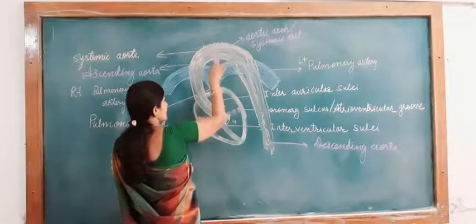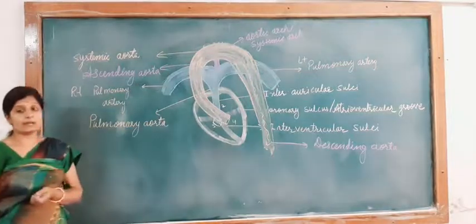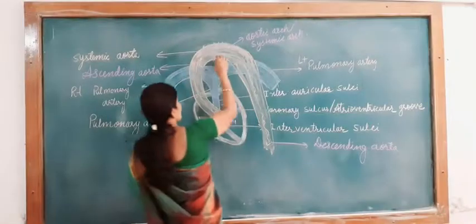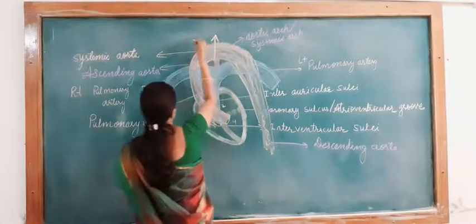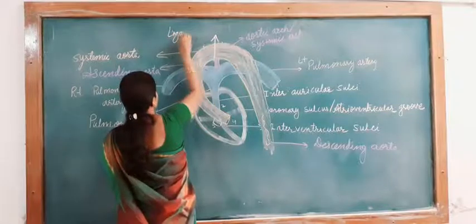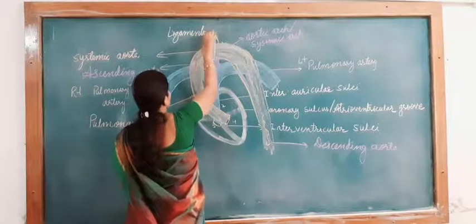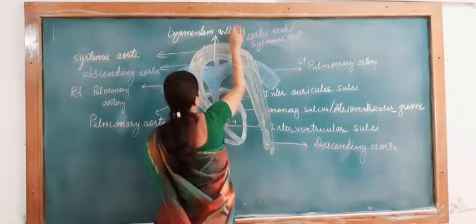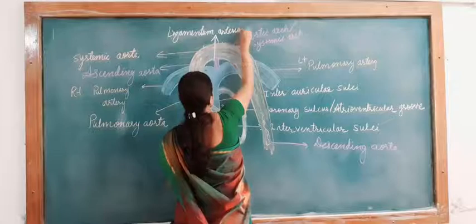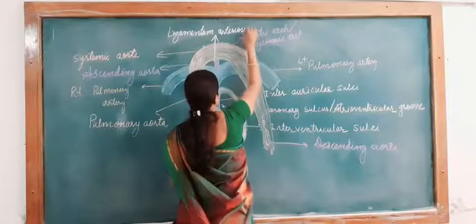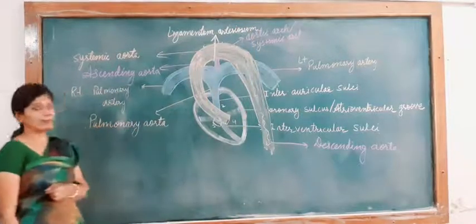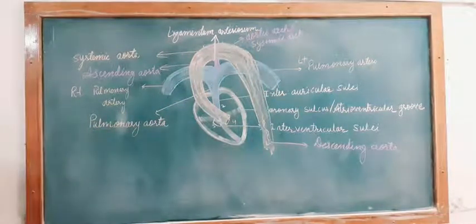This connection is called the ligamentum arteriosum. So the ligamentum arteriosum joins the pulmonary trunk to the aortic arc.